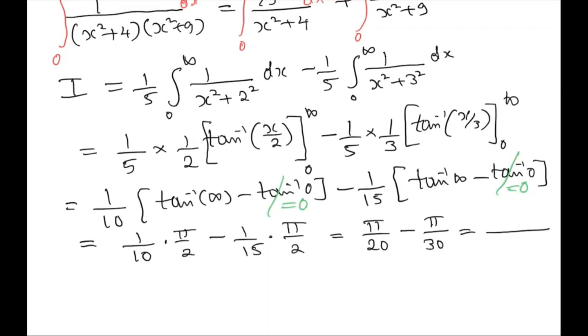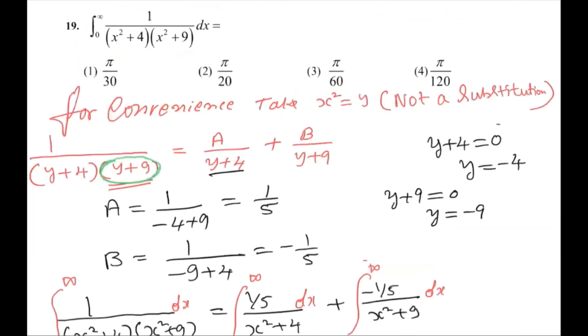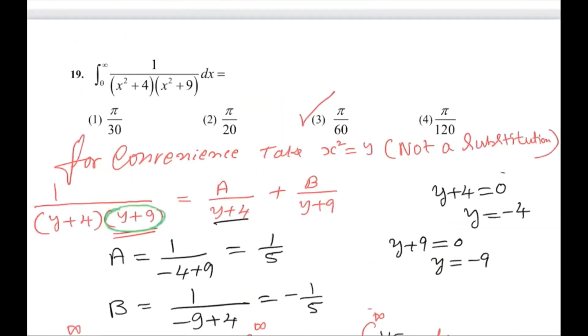LCM is 60. Here 3 pi minus 2 pi. So you get pi upon 60 is the required answer. So the correct option is third option, pi by 60.